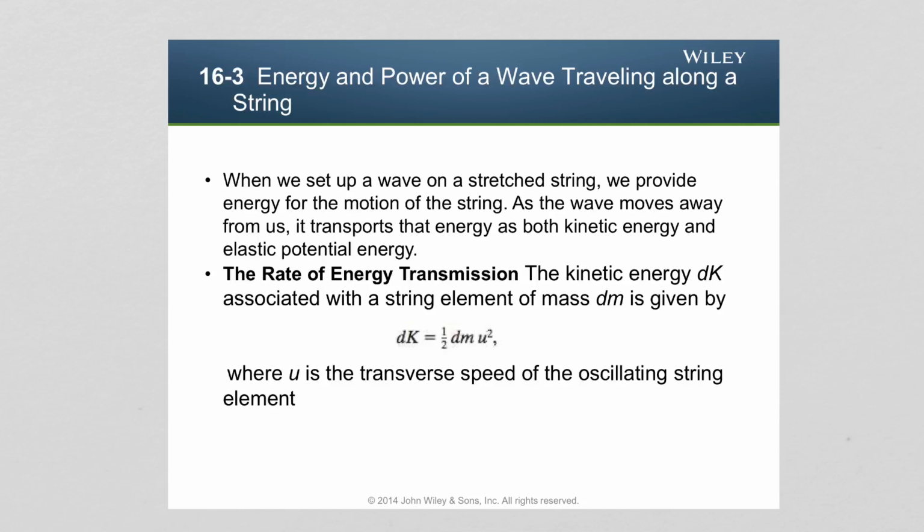And so this is a good example to show that material or matter is not transported by waves, but energy is. So then what is the expression for energy transmitted by a wave?